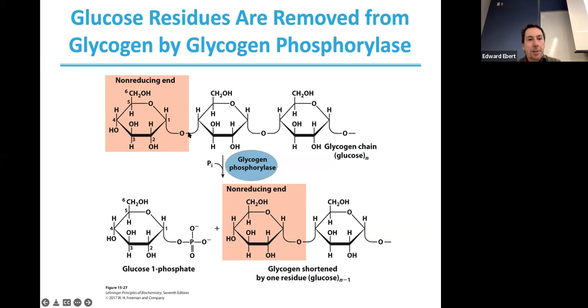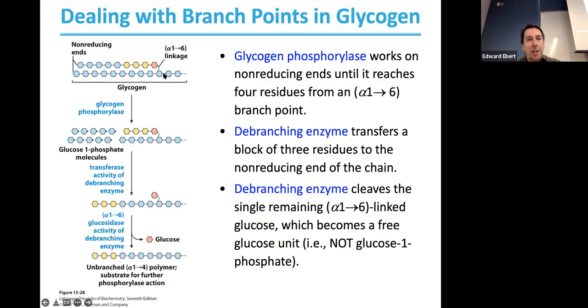So we essentially cleave one off of here. We phosphorylate the glucose that we cleave off, so we now make glucose 1-phosphate, which we can convert into glucose 6-phosphate. Glycogen phosphorylase works on the non-reducing ends until it reaches a branch, 4 residues away from the branch point.